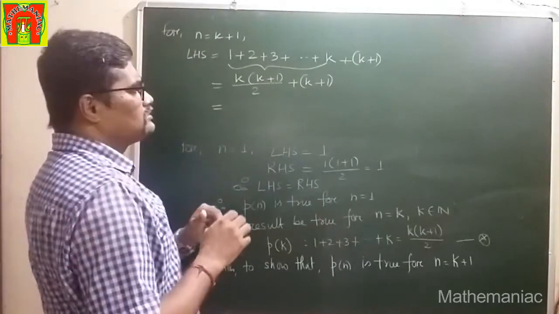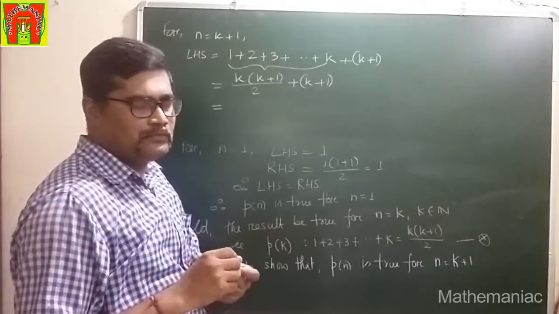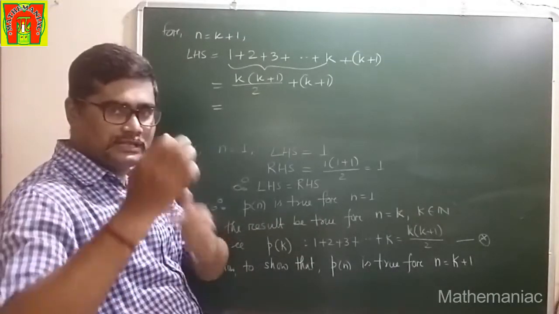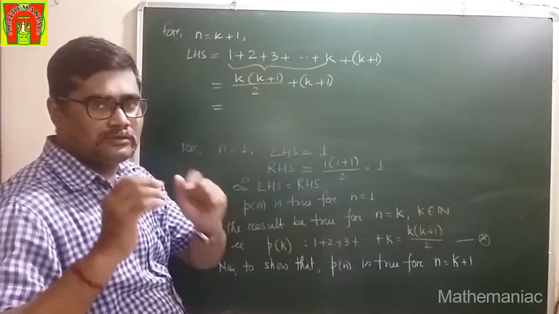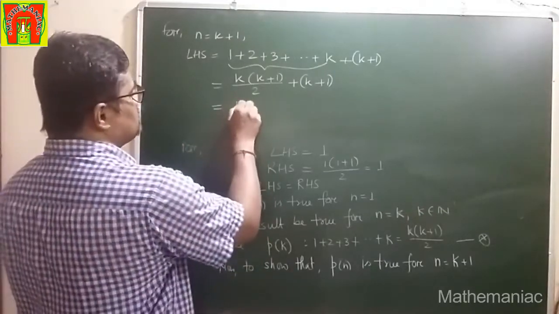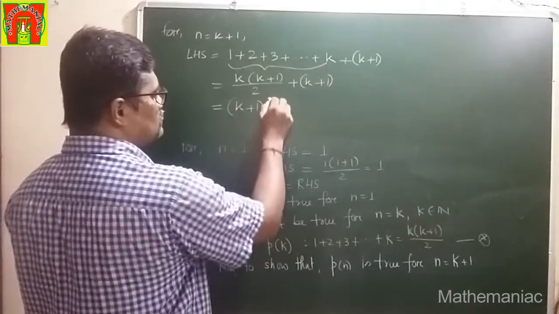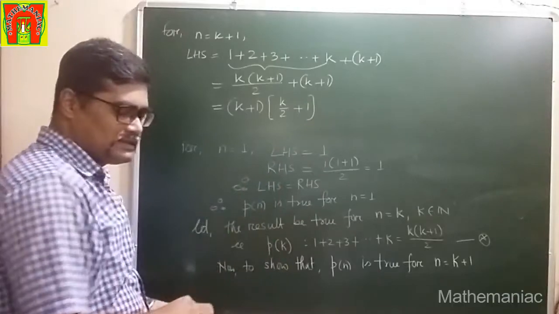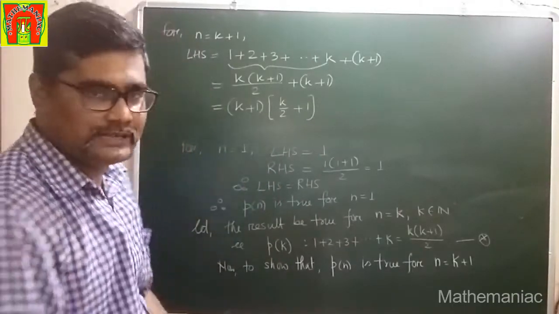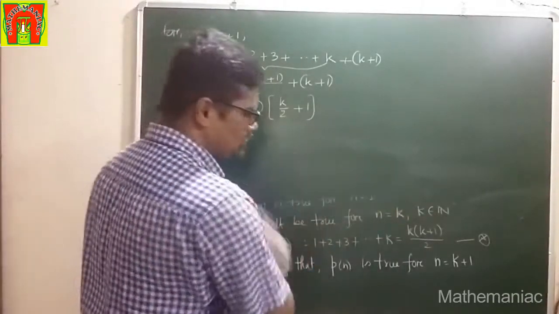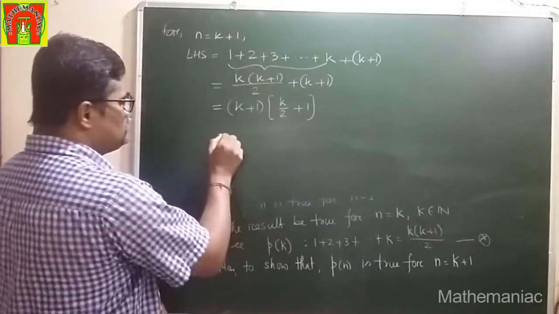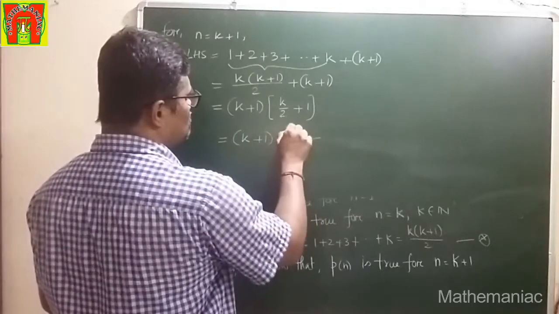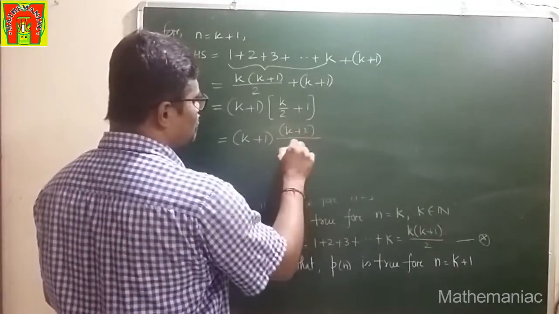Now, you can take LCM, but do not take LCM if there is a scope to take common first, right? To take the common one out, then your calculation will be easier. So here I can take k plus 1, so I will be left out with k by 2, and here it is 1, and now work it on. What you will get? You will be getting this as k plus 1, and then this is k plus 2 divided by 2.